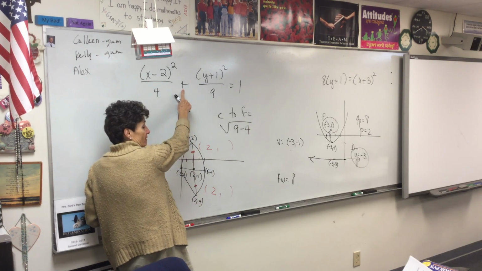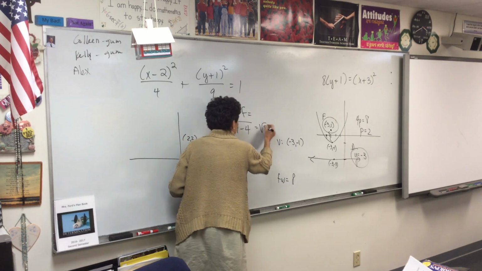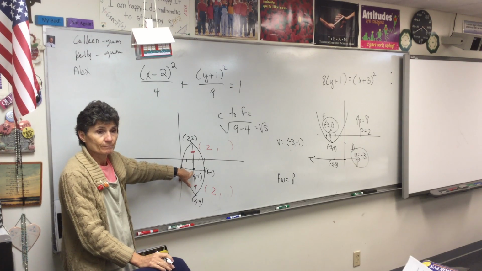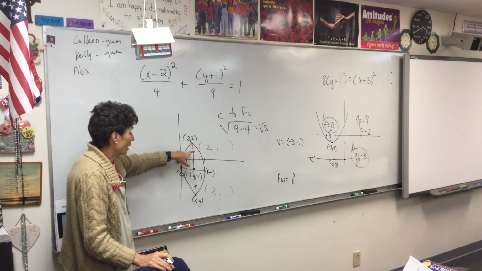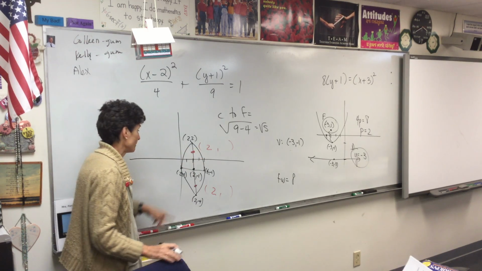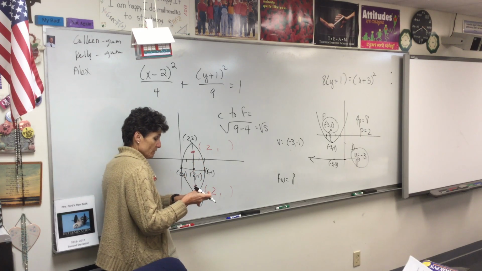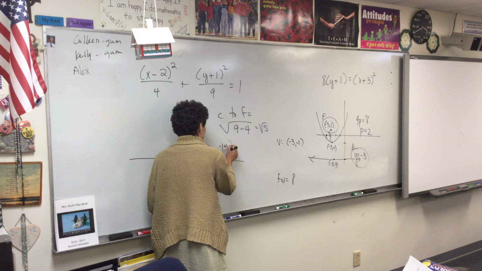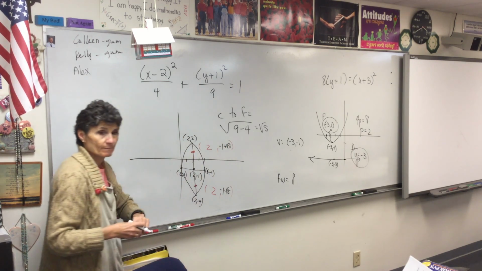You do the opposite of what this says. It's 9 minus 4. So that's root 5. We're going to start right here at the center. And I'm going to go up root 5. So what would that y coordinate be? If I started at the center and went up root 5, what would that be? Negative 1 plus root 5 and negative 1 minus root 5.